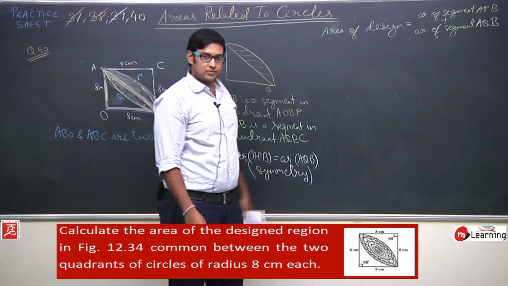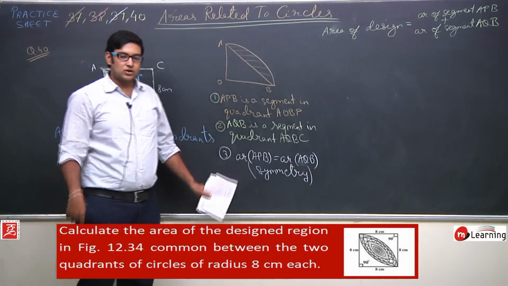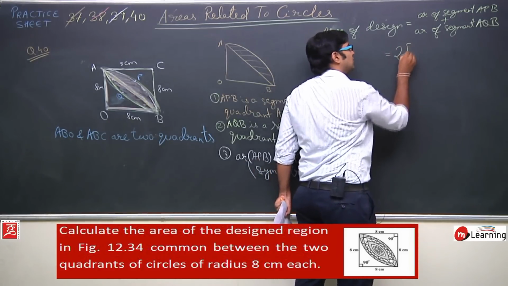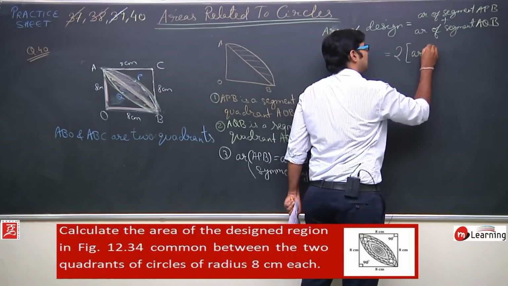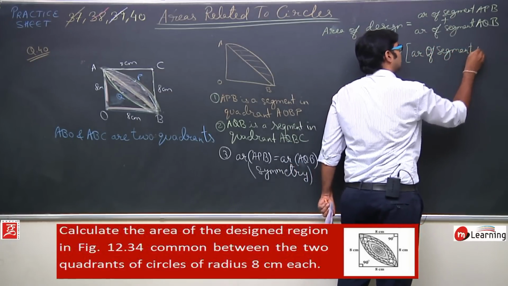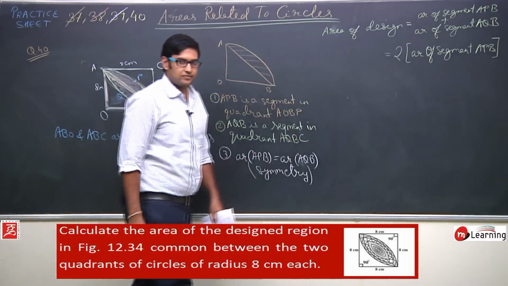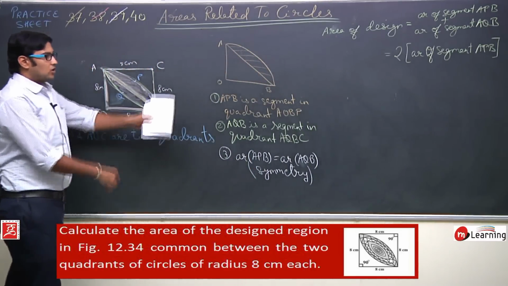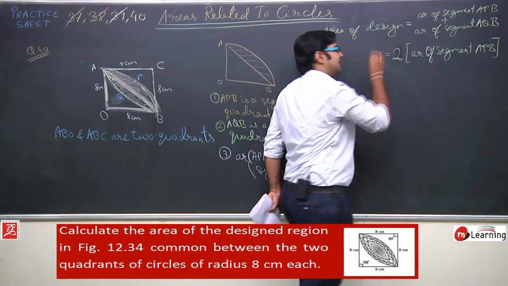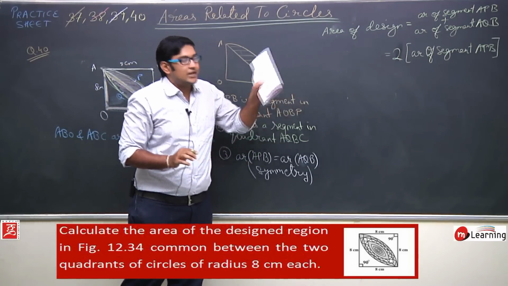But area of both the segments are equal. This we have already solved. So I can write area of design is equal to 2 times area of segment APB or AQB, whatever you like. So now my task is reduced to calculating the area of segment APB.